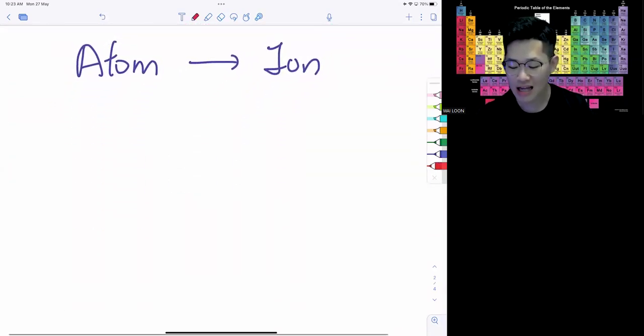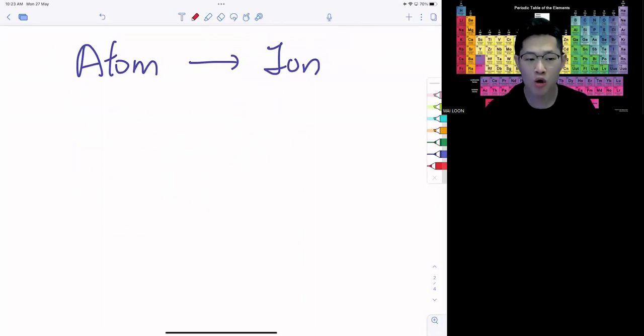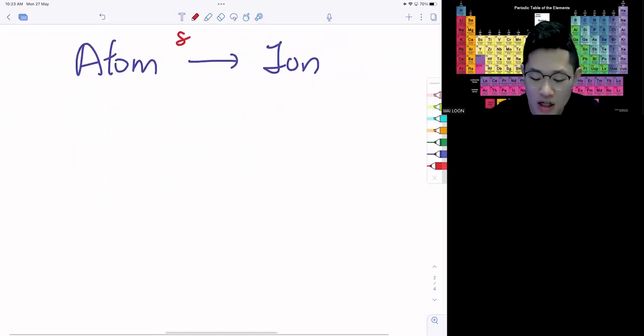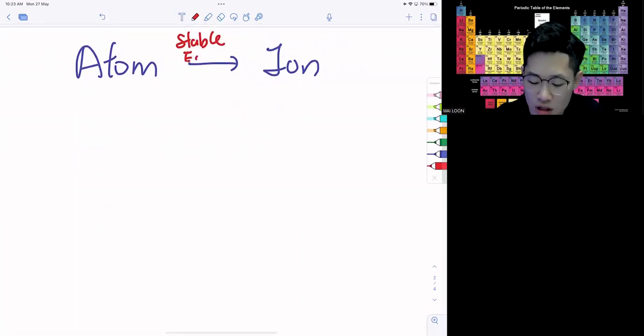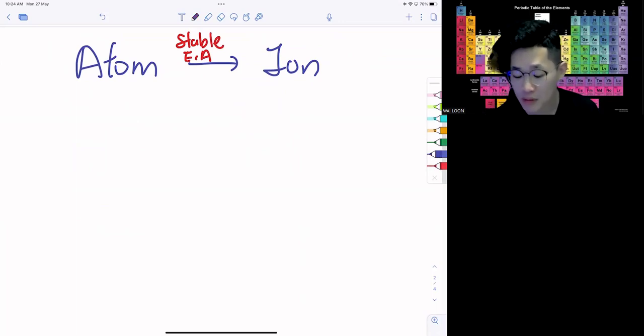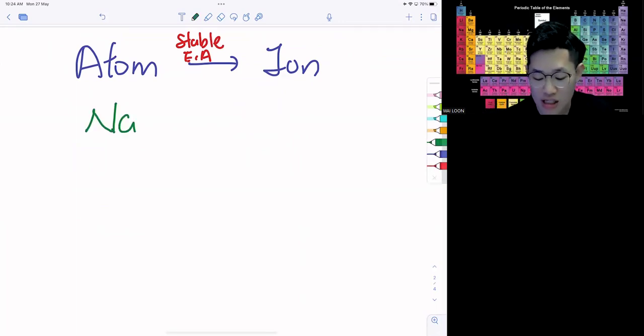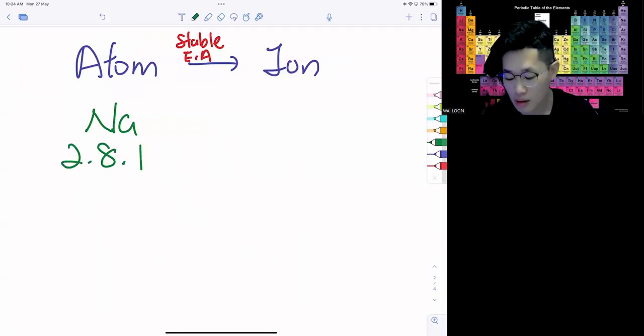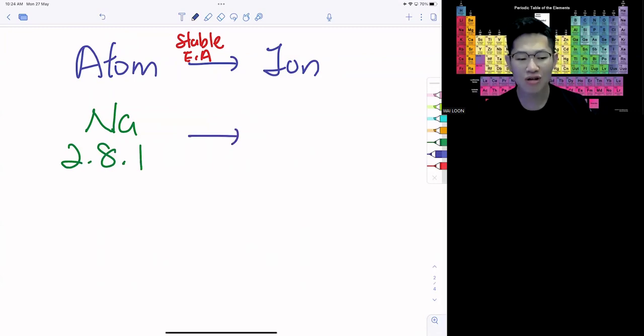How can an atom turn into an ion? When atom achieves a stable electron arrangement, after it has achieved a stable electron arrangement, it can turn into an ion. For example, like the one I mentioned just now, sodium 2, 8, 1.